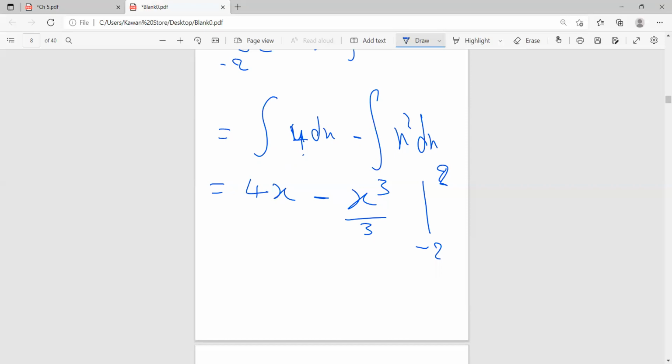Easy? Understood? Good. It's a two-function integral.